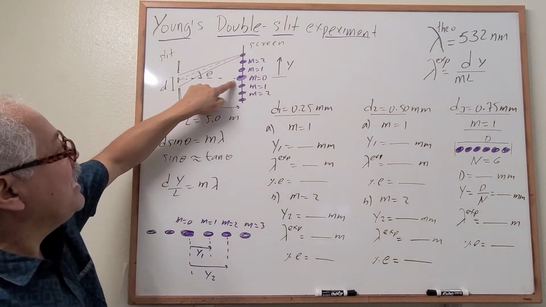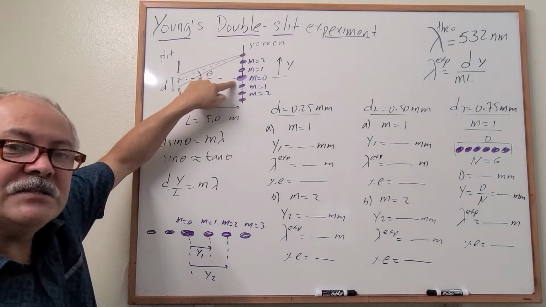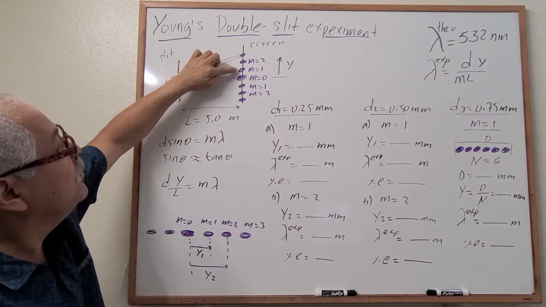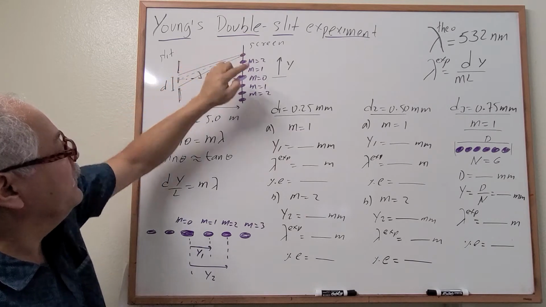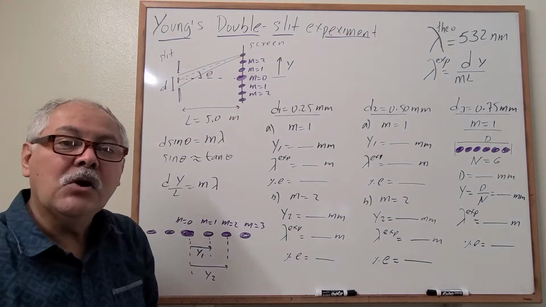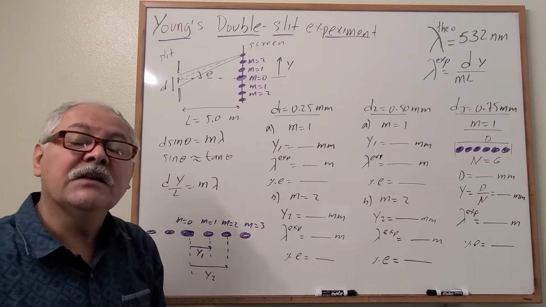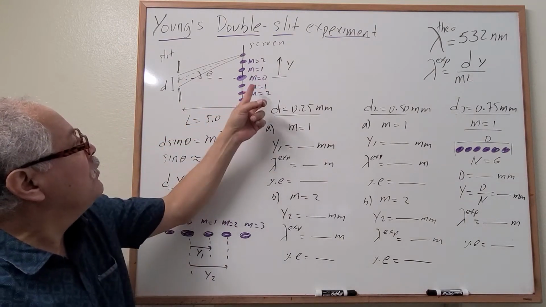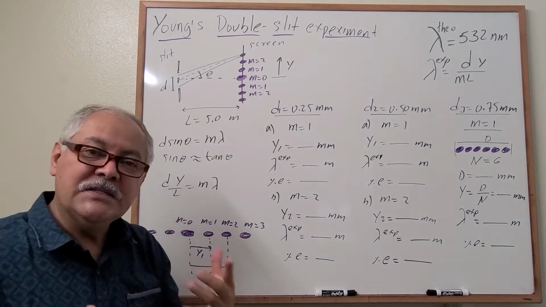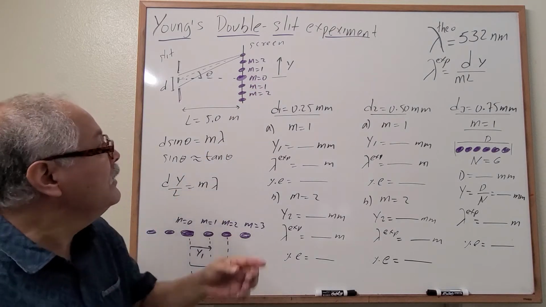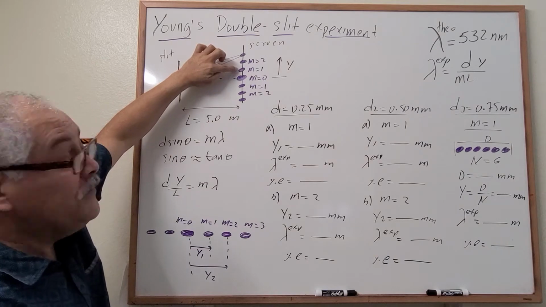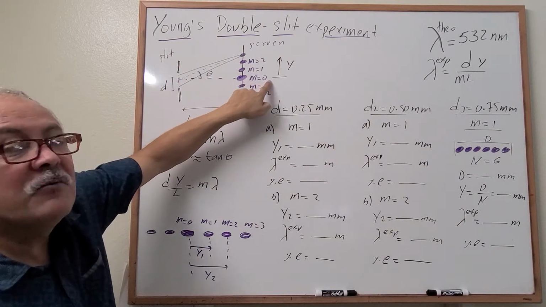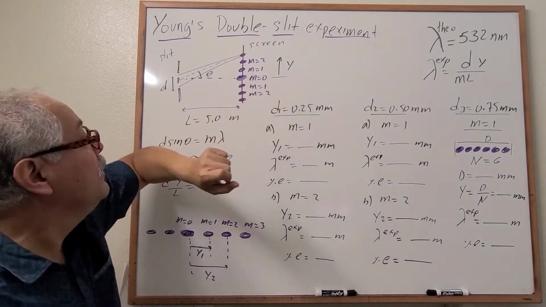Okay, at the center we have constructive interference, very bright, right? And then we have destructive, constructive, destructive, constructive, right? We're paying attention only to the bright fringes, constructive interference. At the center we have m equals 0, where m stands for the order number, right?